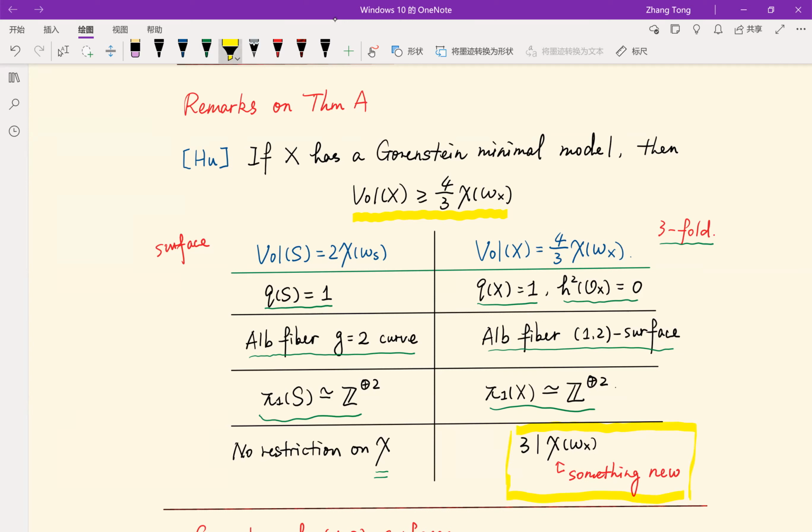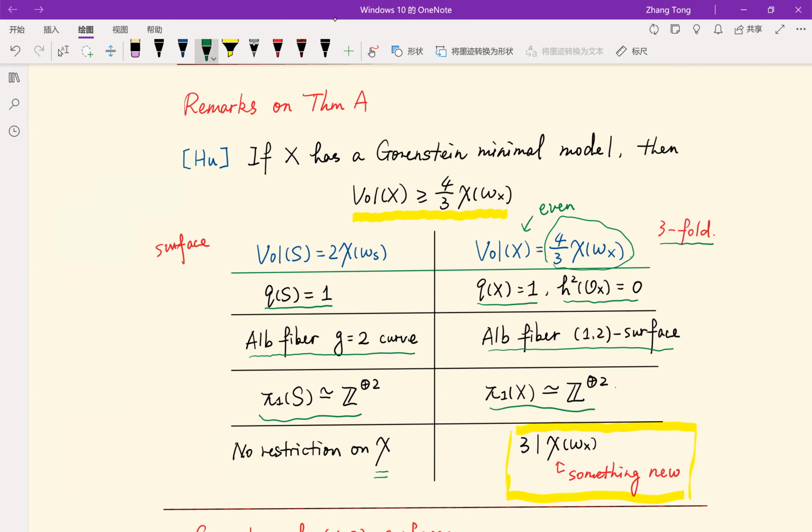The reason is very simple, because the canonical divisor of the minimal model is Cartier, which means that this number must be even. So you have an even integer, and on the right-hand side, you get an even integer. So 3 divides the Euler characteristic. This is something interesting to us.